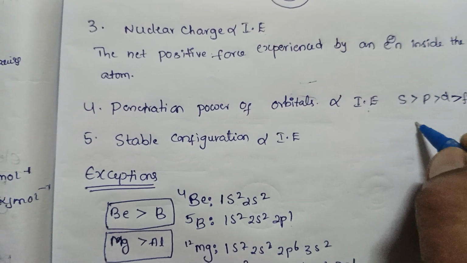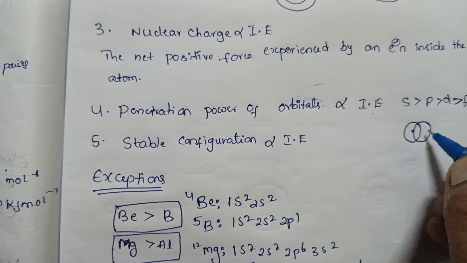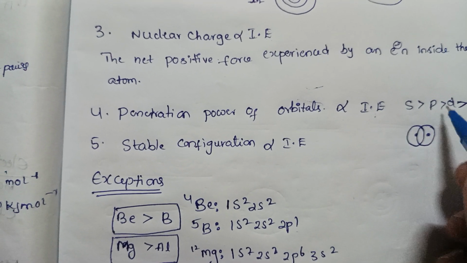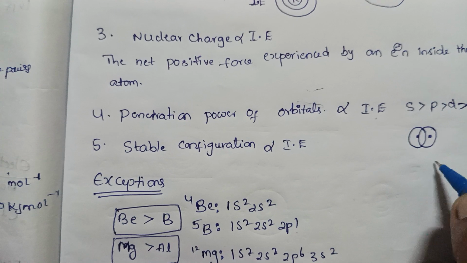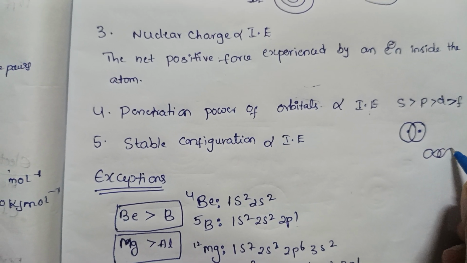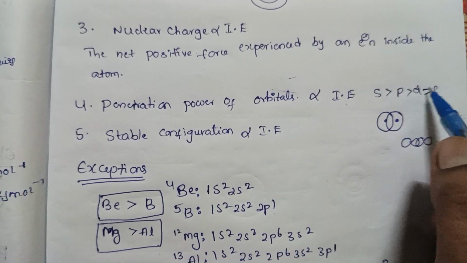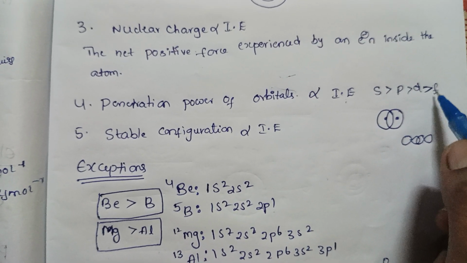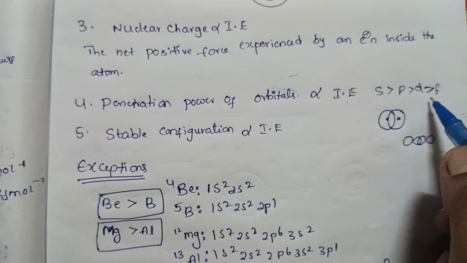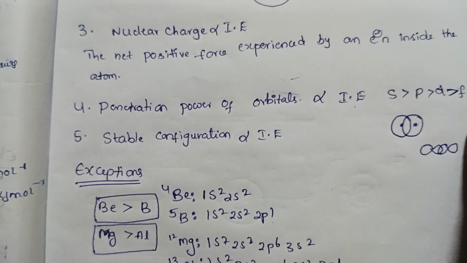S orbitals have more penetration power than p. P also has more penetration power, but not as much as s orbitals. D and F have lower penetration effect, so ionization energy is lower.